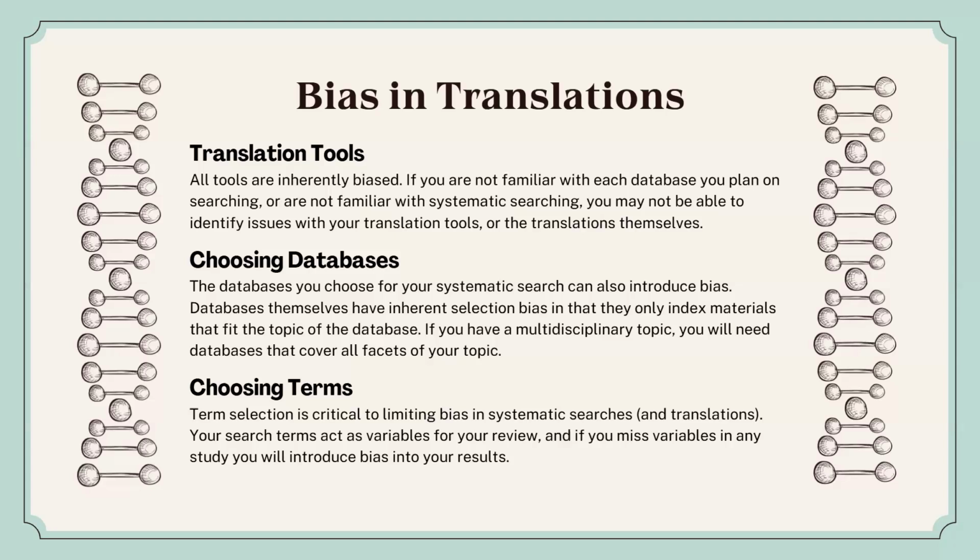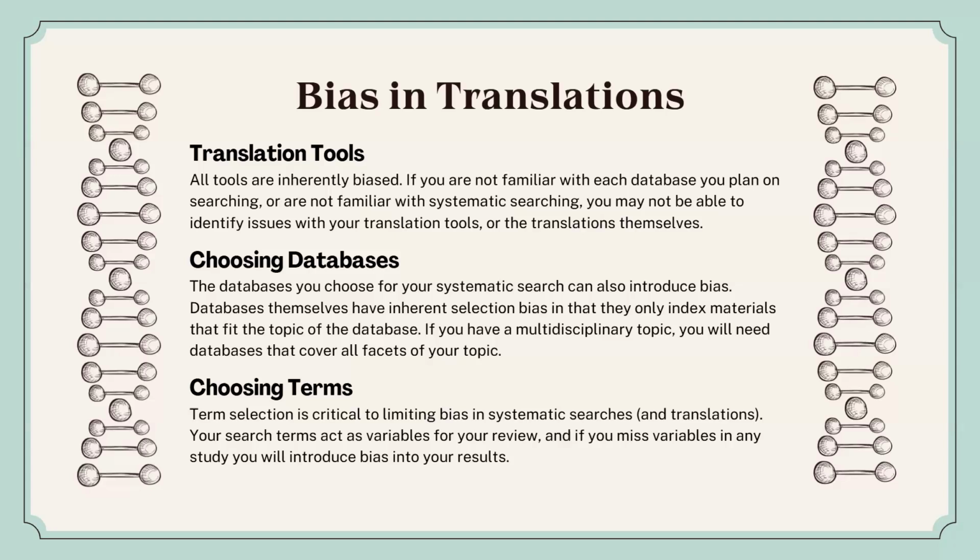And then choosing terms. Term selection is a critical piece of this process to limit bias in systematic searching and your translations. Like I talked about earlier, it's an iterative process, going back and editing things. Your search terms are your variables for this type of research. So if you miss a variable that a certain researcher defines something as, you're introducing bias.